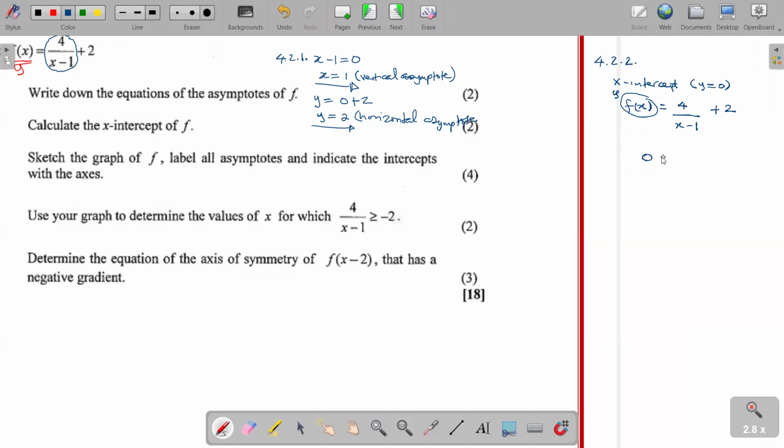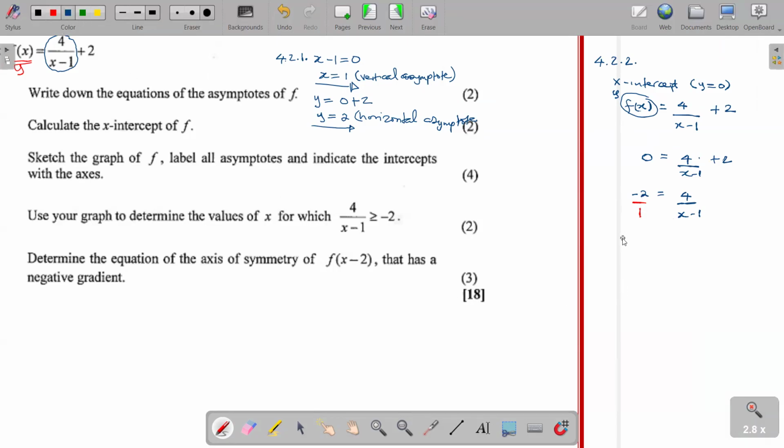So 0 will be equal to 4 over x minus 1 plus 2. Transposing the 2 to the other side, it becomes negative. So we are now going to have minus 2 being equal to 4 over x minus 1. But you have to take note that this one is as good as over 1. So to solve, we have to cross multiply.